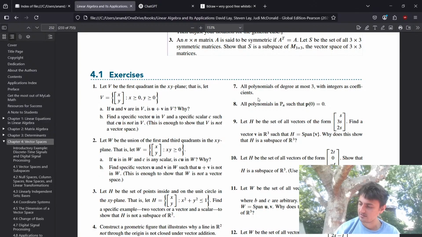That's what I'm going to say, not closed under times. Good. So 7 is done.